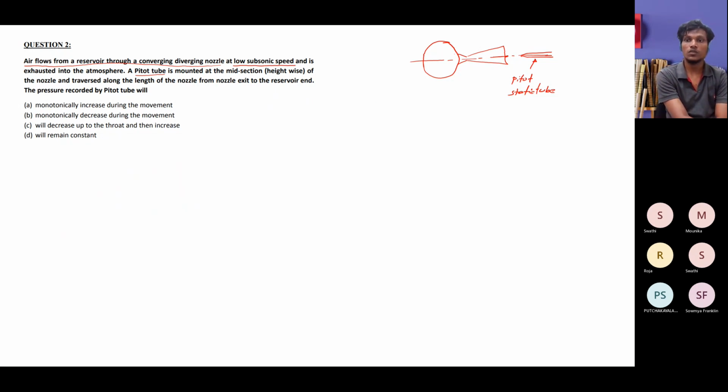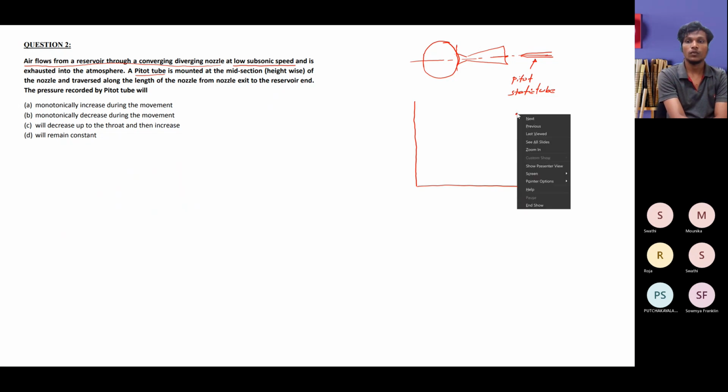So now this measurement starts from here, and we are traveling from this point completely to the inlet, the exit of the reservoir. How does the pressure actually vary, as taken by the manometer? Because it is completely subsonic flow, when you expand, you will have high pressure at this particular location.